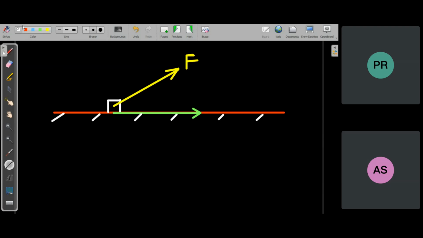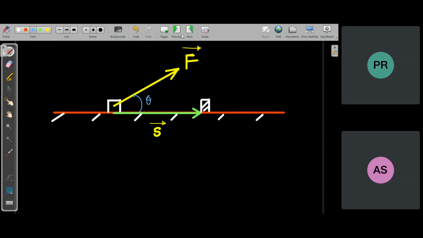After some time, the block will have a displacement and will reach, let's say, here. So this is the displacement vector of this block, in a particular direction. This is the force vector, and this is the angle between the displacement vector and the force vector. Let's call this angle theta.